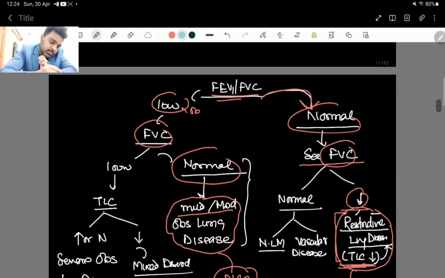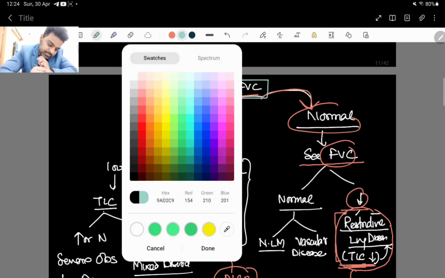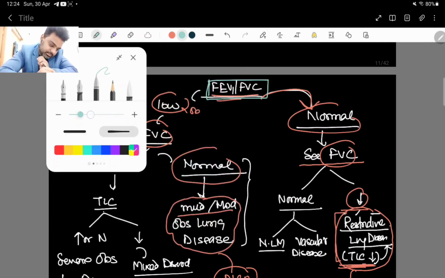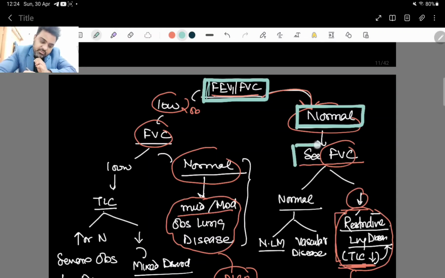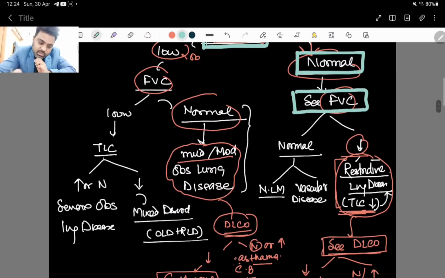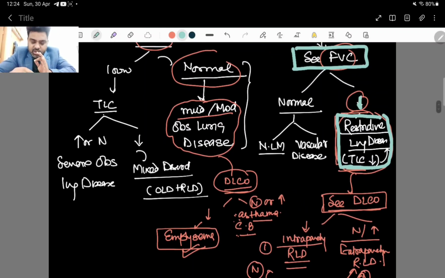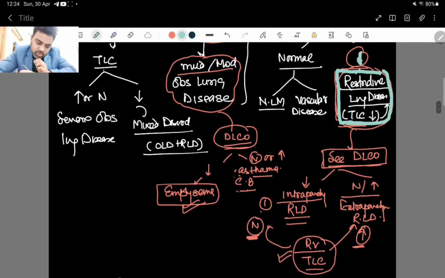I have told you that if FEV1 by FVC is normal, then you see FVC. If FVC is reduced, then it is a restrictive lung disease, and that will be further solidified if TLC is reduced. Then we have to differentiate whether it is intraparenchymal or extraparenchymal. That we do on the basis of DLCO and residual volume to TLC ratio.